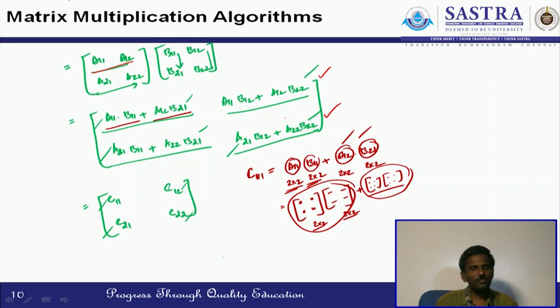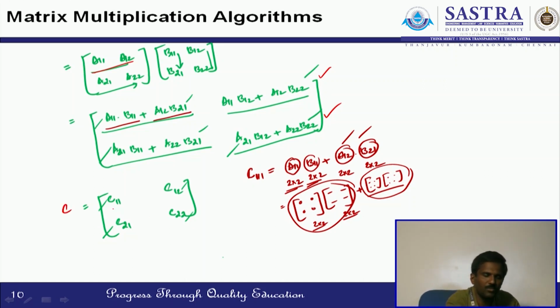Since each matrix is actually of order 2 by 2, not a matrix with order 1 by 1, at the next stage you again need to apply the conventional matrix multiplication to find the product of 2 by 2 matrices. Then you can find each Cij as a 2 by 2 matrix.